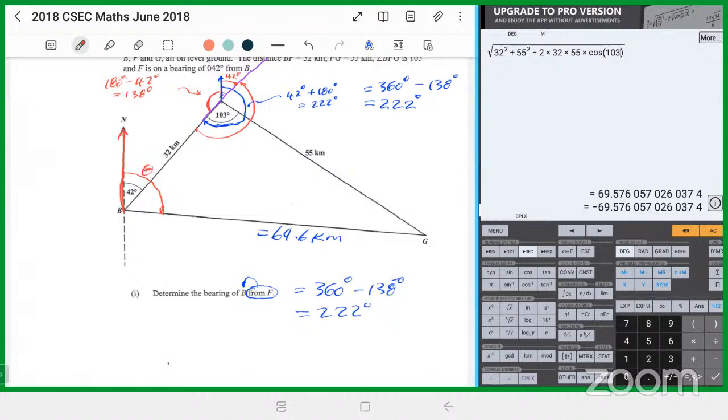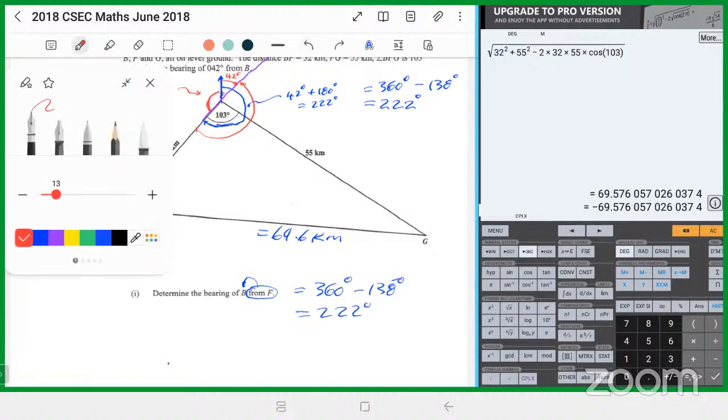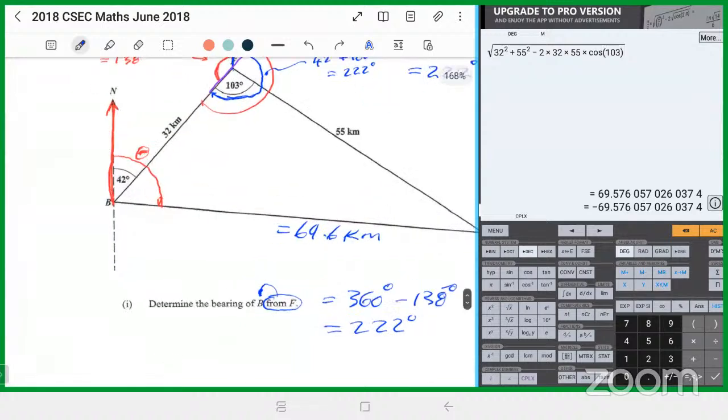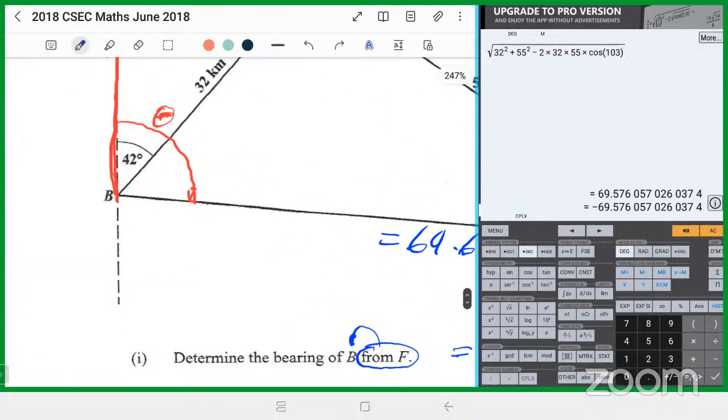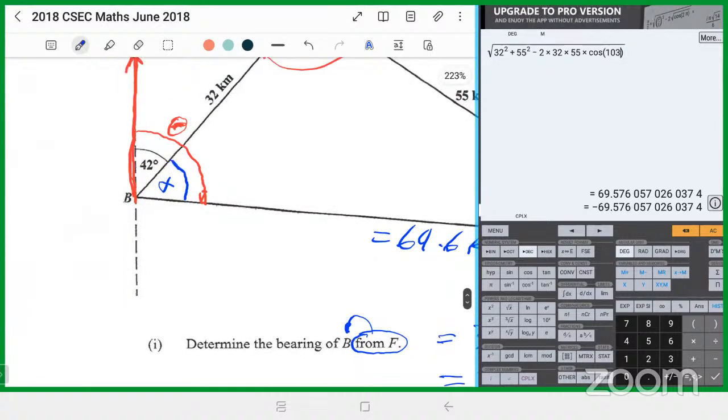As I always say, since you want the bearing at this point, the angle inside the triangle will play a part in the calculation 99% of the time. This angle inside, which I'm calling alpha, will play a part. So the theta we want is the sum of 42 and alpha: theta equals 42 degrees plus alpha.